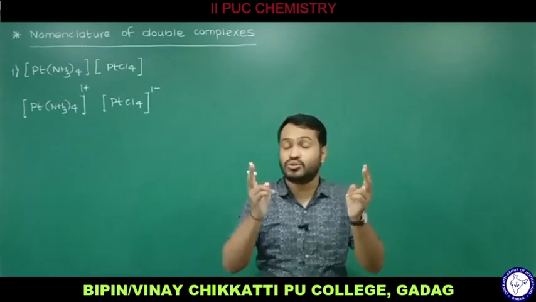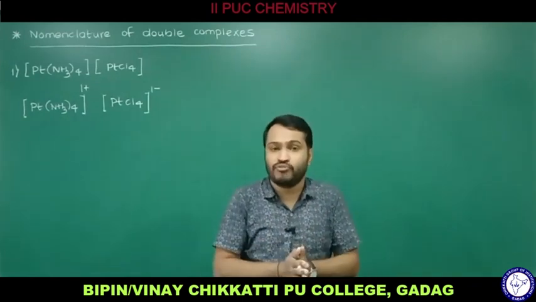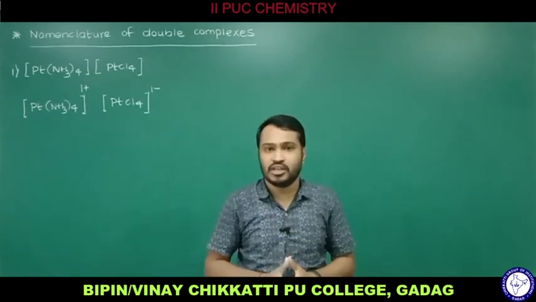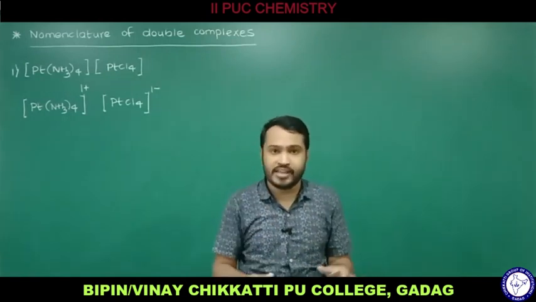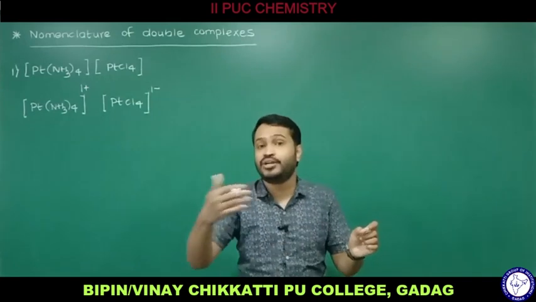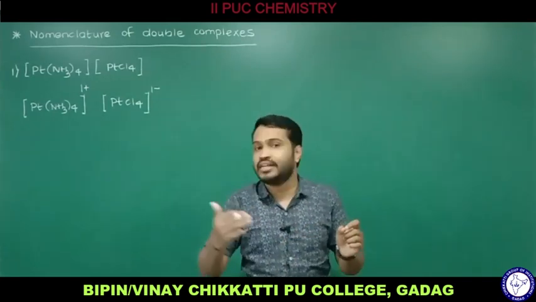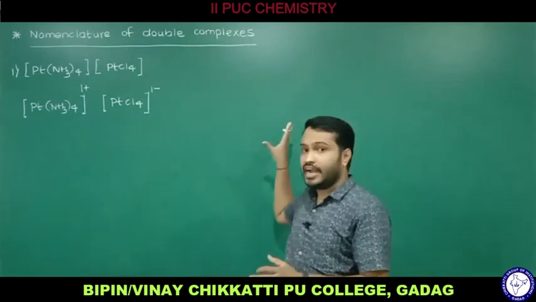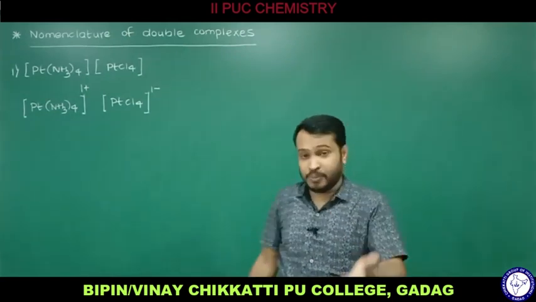It has two variable valencies, and they are 2 plus and 4 plus. So in coordination complexes, platinum's oxidation state will be 2 in some compounds and 4 in some compounds. We'll see in which case we are going to get the respective oxidation number.